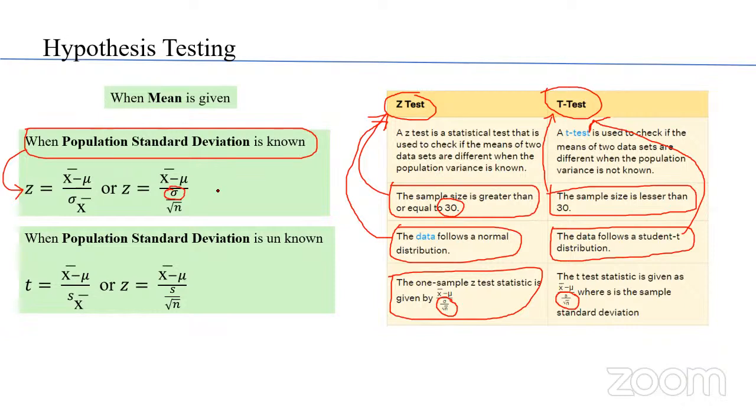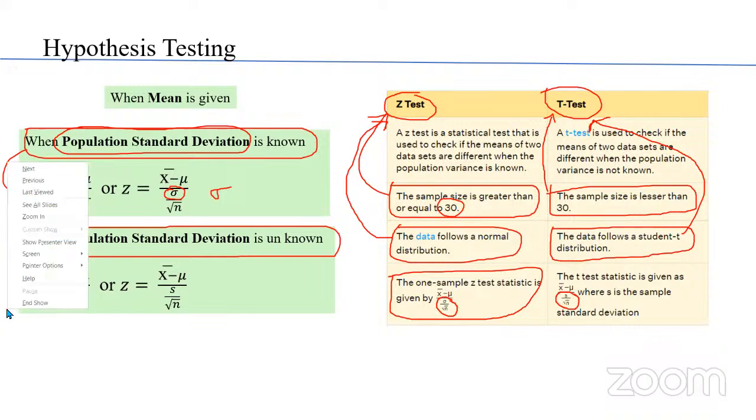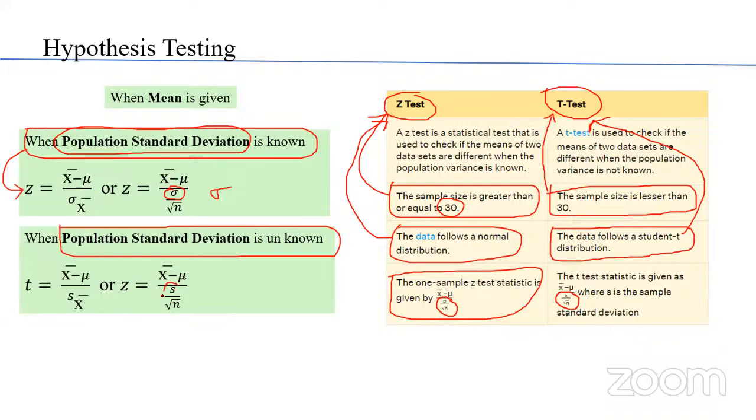Here I have used standard deviation sigma because I know my population standard deviation, which is given in the question. When the population standard deviation is not given or unknown, and only the sample standard deviation has been given, then we'll take the T-test.